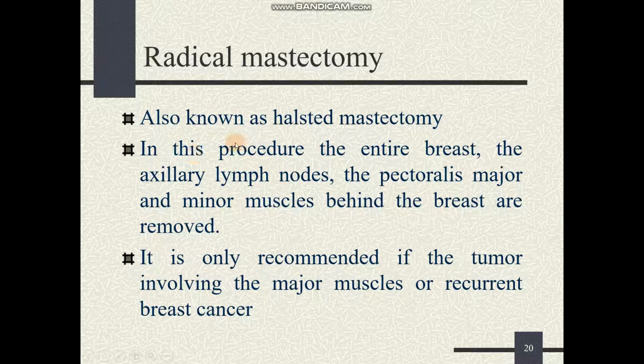Radical mastectomy is also known as Halsted mastectomy. In this procedure, the entire breast, the axillary lymph nodes, the pectoralis major and minor muscles, everything is removed. It is recommended when the tumor is extended.